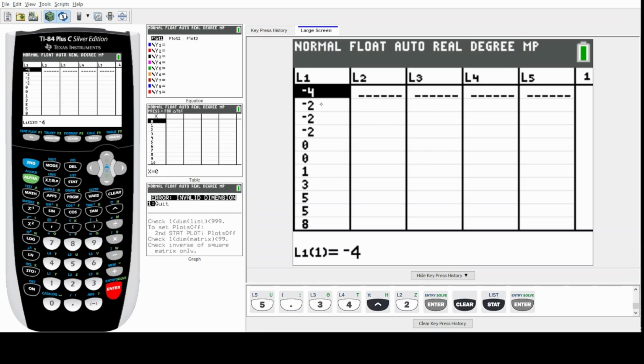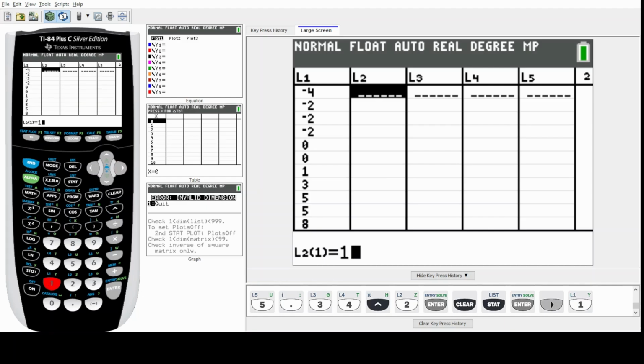And when I had -2 come up 3 times, I just typed -2 3 times. What I'm going to suggest is that you are probably going to prefer to actually do it like this. So you have -4, and in L2, you're going to actually put the frequency of that value.